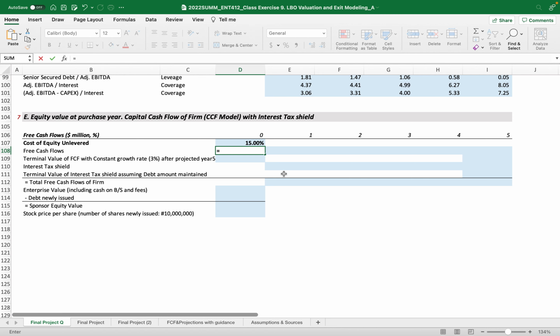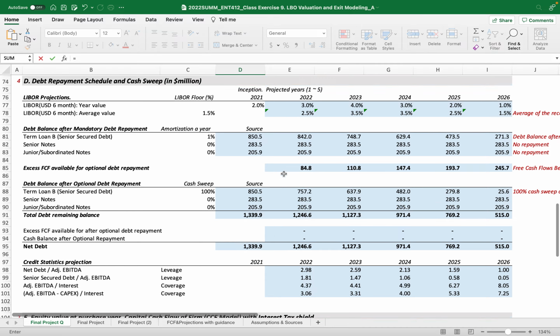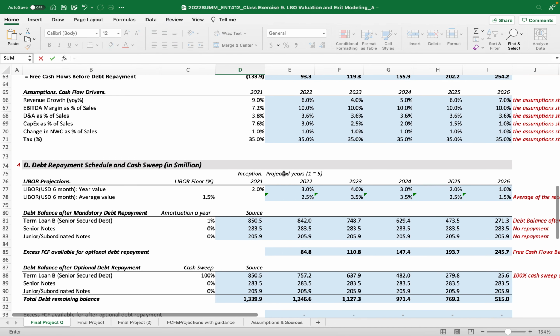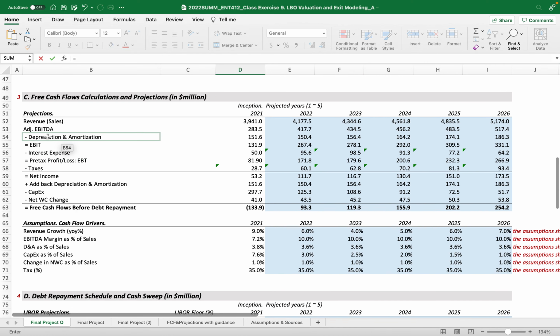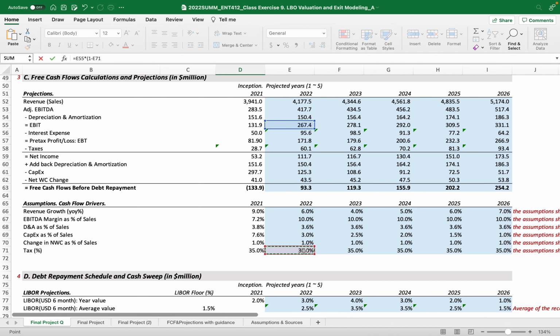So free cash flows. Now, how to calculate free cash flows? Free cash flow is now E55, which is EBIT, right? This EBIT is the base, minus the 35% tax, right?